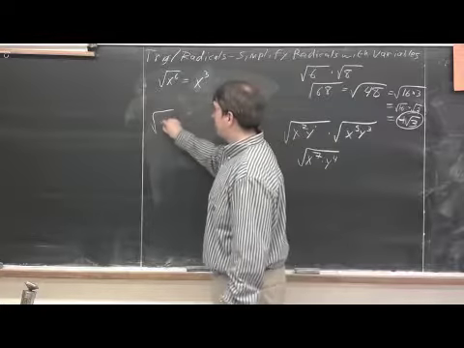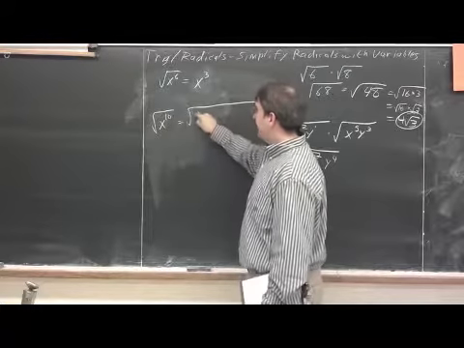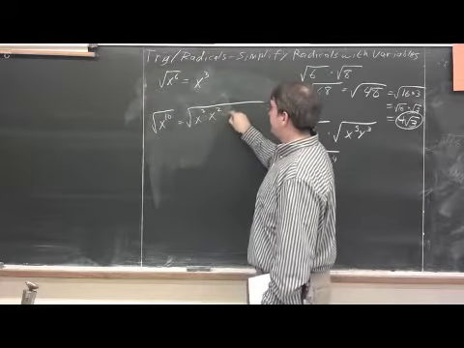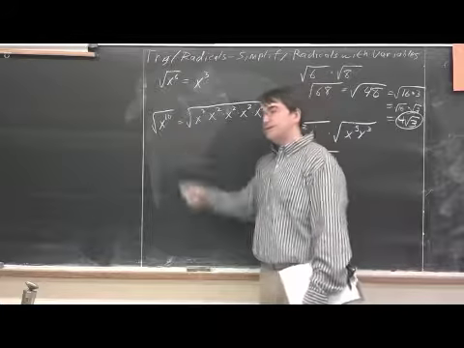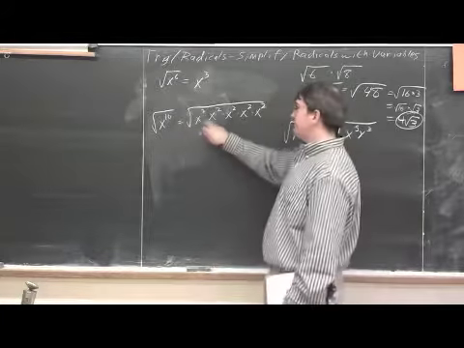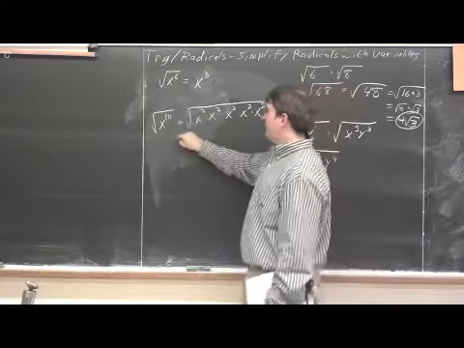If I have the square root of x to the 10, well, that's the square root of x squared times x squared times x squared times x squared times x squared. Since after all 10 is equal to 5 times 2, I can write out 5 expressions with 2's in them.